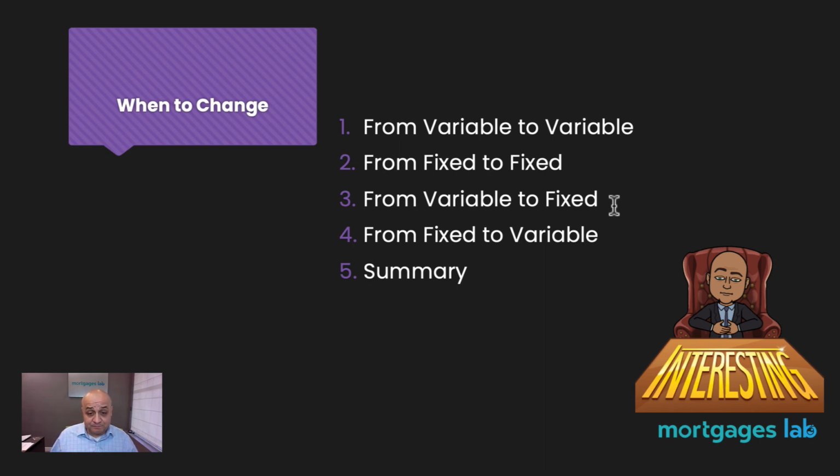And last one, when to change from a fixed rate to a variable. So I just said that there would be a high penalty. So let's see when would be a good opportunity to change from a fixed to a variable rate.